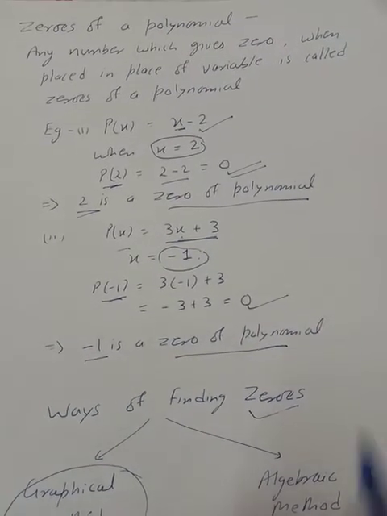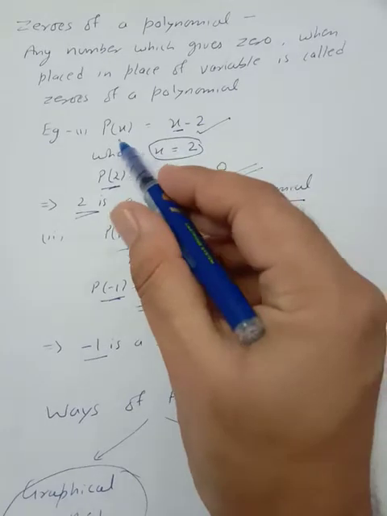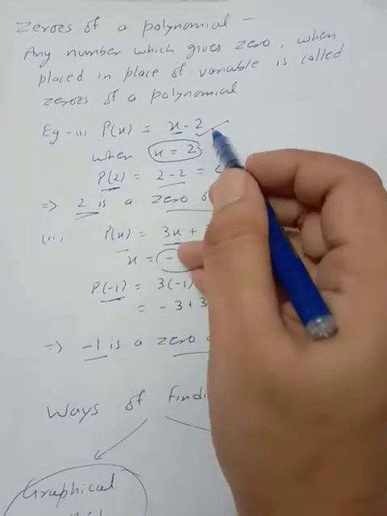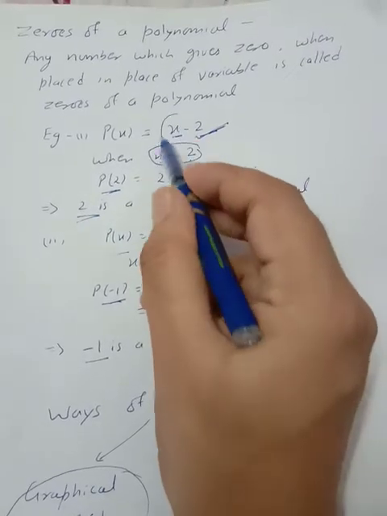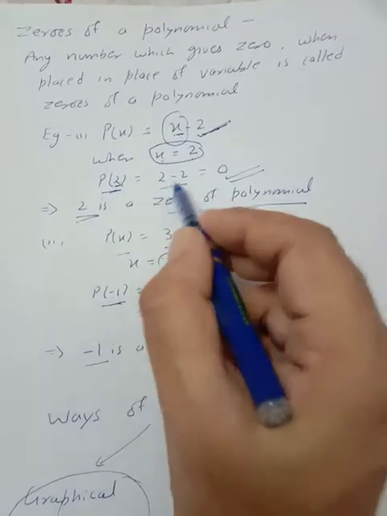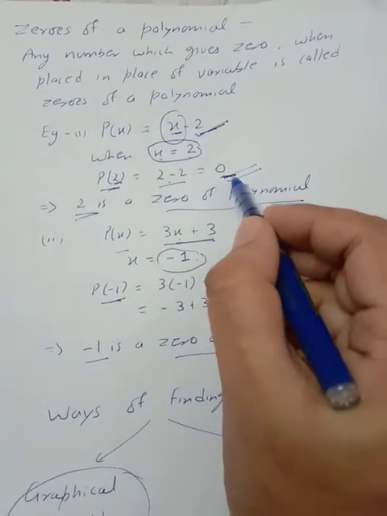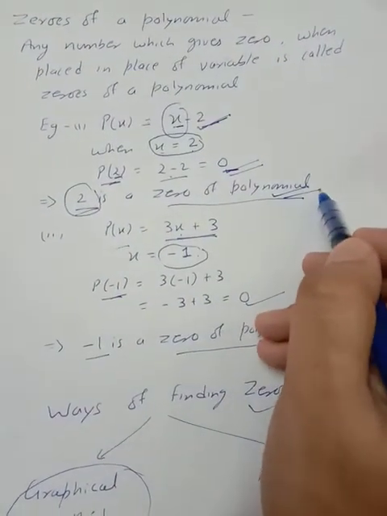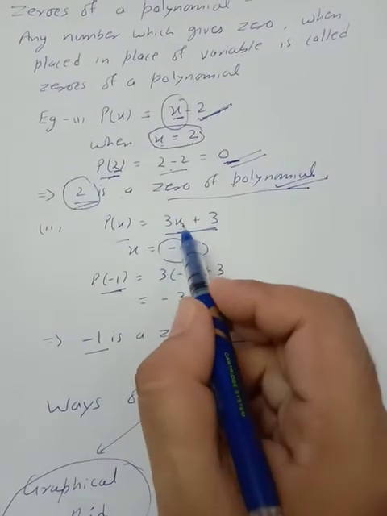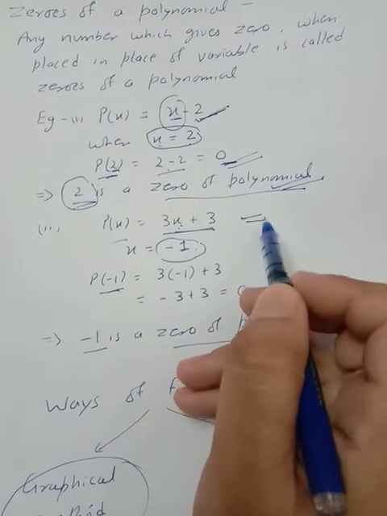If we check the example here, suppose we have the polynomial p(x) equals x minus 2. If I place 2 in the place of x, after solving I get the answer 0. It means 2 here is a zero of the polynomial. Same for the next example, 3x plus 3 is the polynomial.